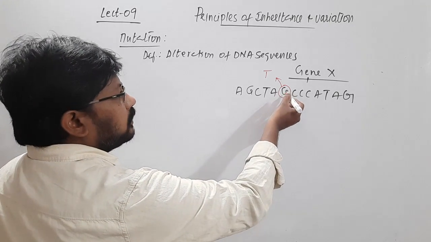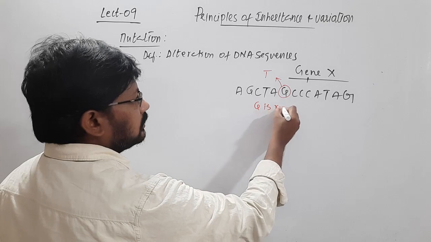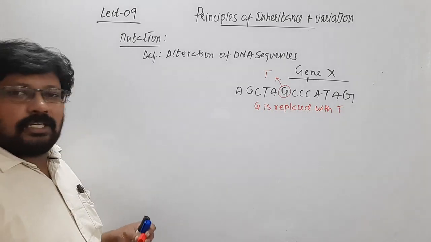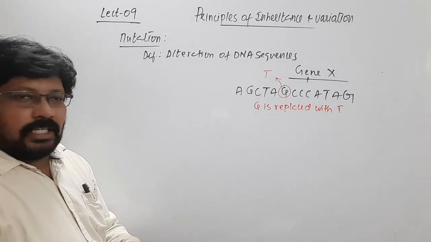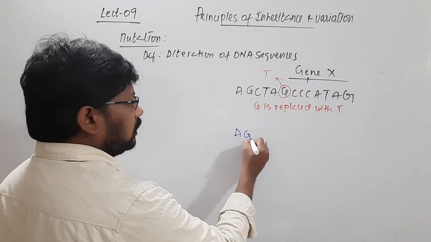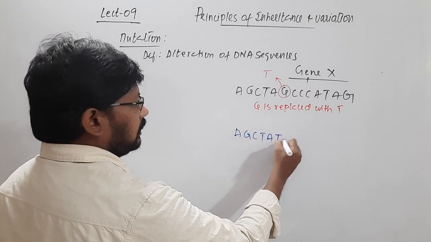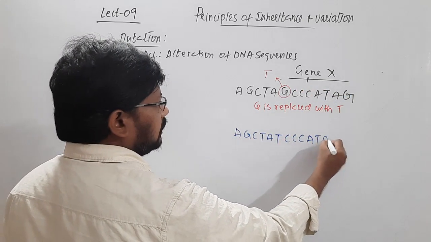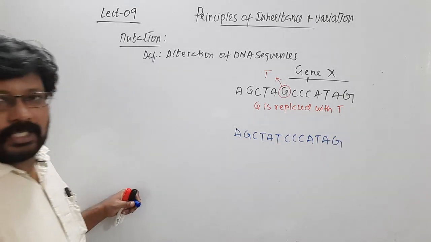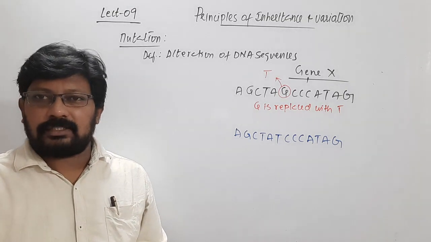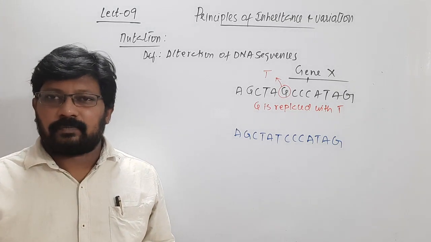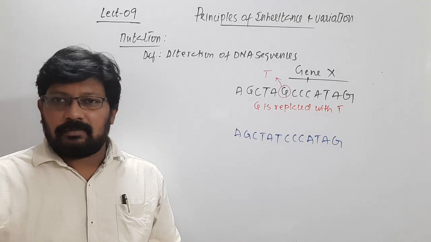And here the G is replaced with T. Once it is replaced with T, the sequence will be A G C T A T C C A T A G. You can see there is a change in the sequence of nitrogen bases. That's what I call the alteration of DNA sequences. So now this is a mutation.